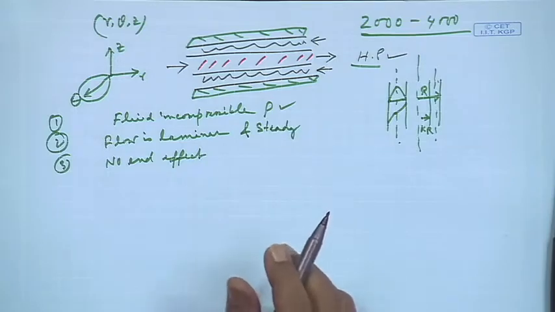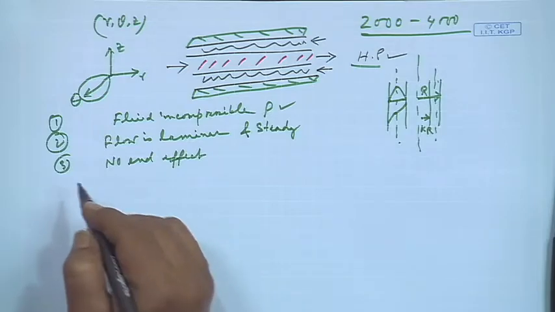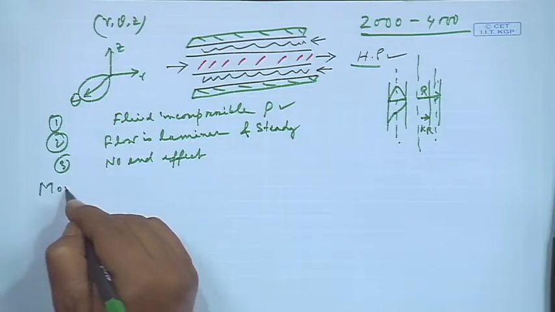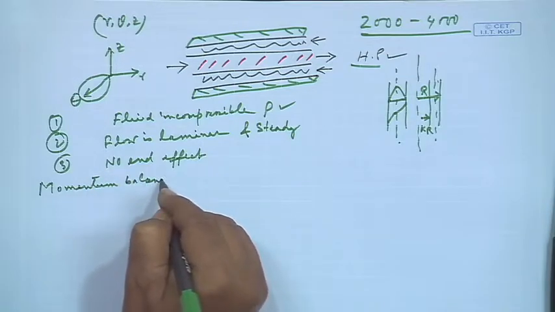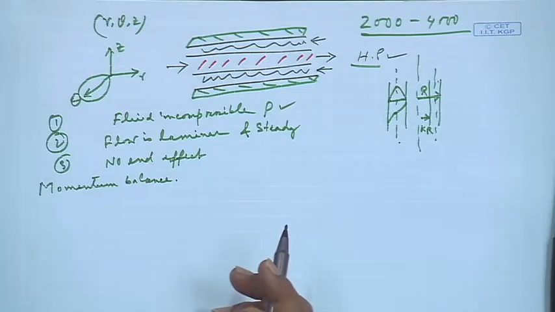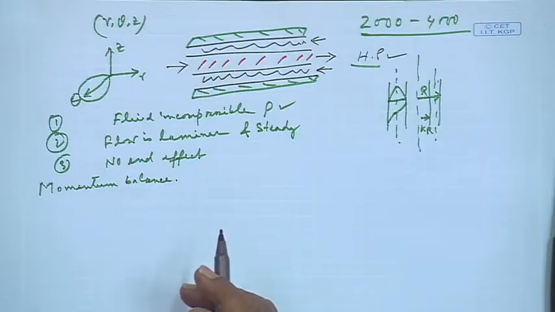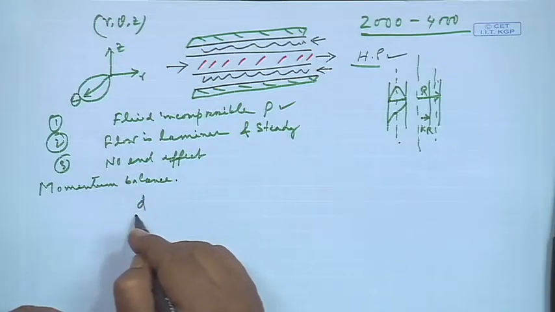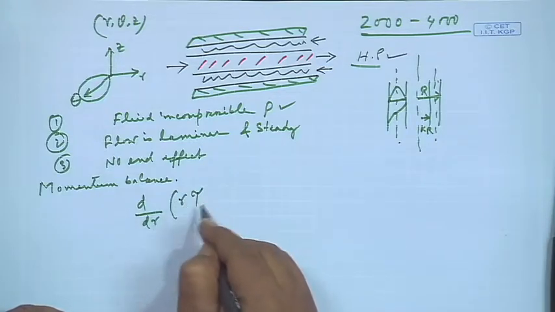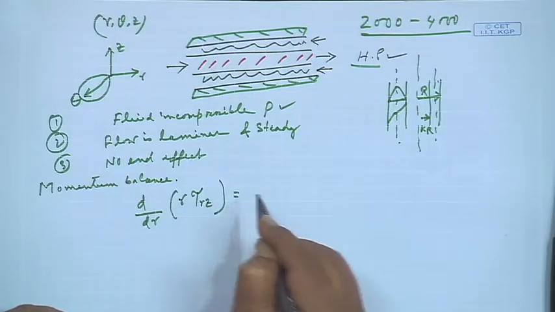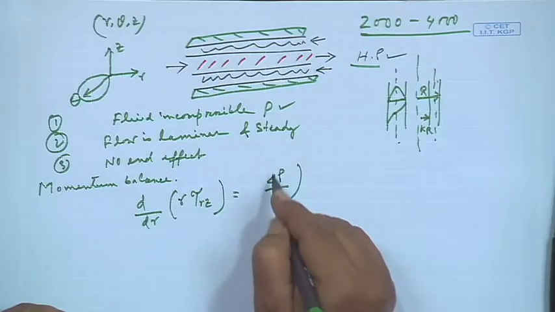And we are doing the momentum balance. If we look back at what we did for the pipe flow, we came to a point where we could write d/dr of (r τ_rz) equals (ΔP/L) times r.